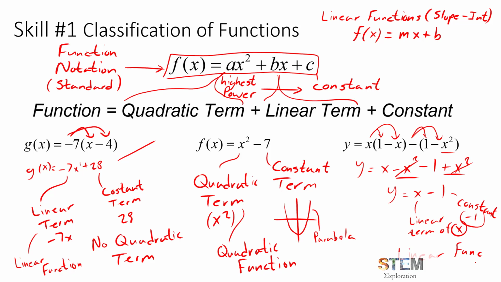So something to just keep in mind, since we've opened up the classification of functions here to go beyond linear functions, we're going to need to take into consideration those higher powers, and simply by looking at the highest power term, you can understand the general behavior of a function.